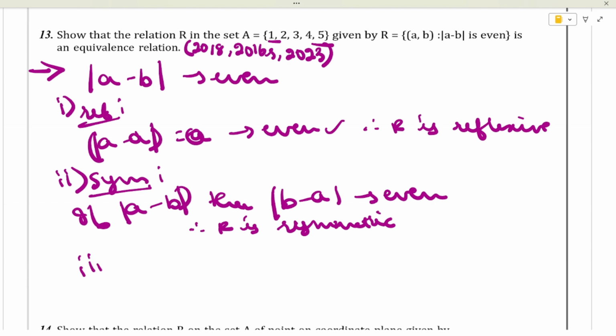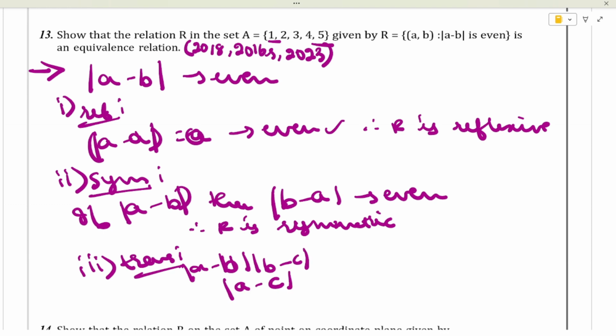Next, third, for transitive: a minus b, b minus c, that means a minus c will also belong to R. That means it is even, it is transitive, it is an equivalence relation.